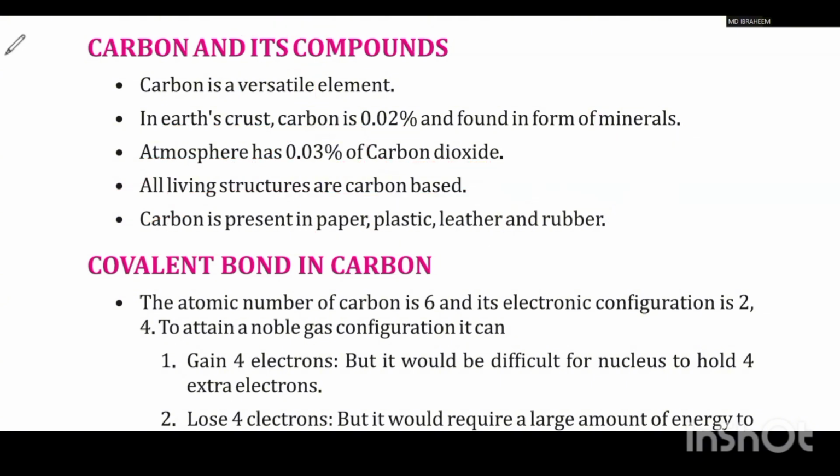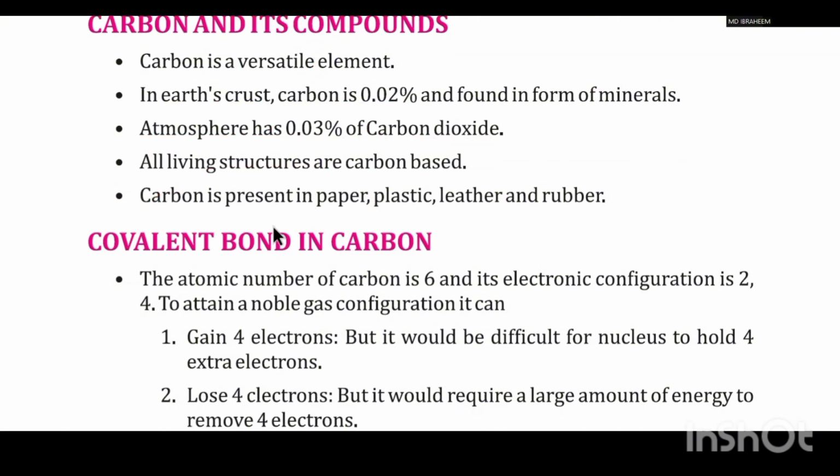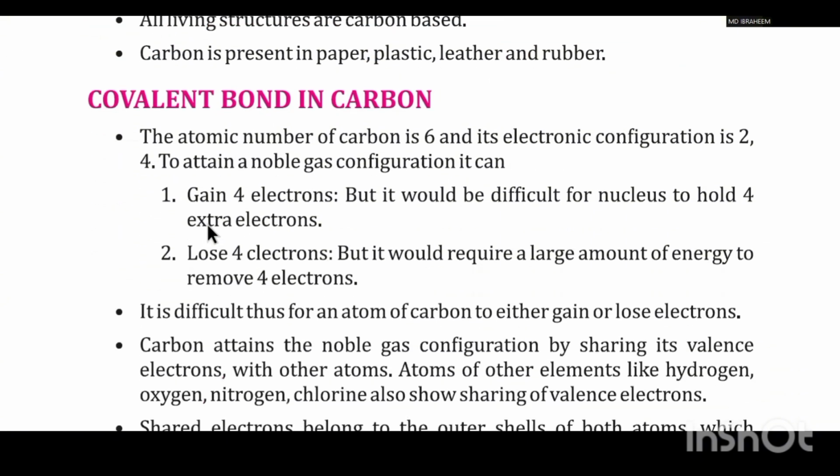Now moving to the next point: why does carbon form covalent compounds? You know that the atomic number of carbon is 6, so the electronic configuration of carbon will be 2 and 4. It means in the valence shell, carbon has 4 electrons.